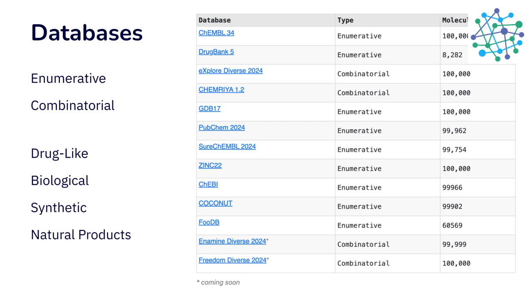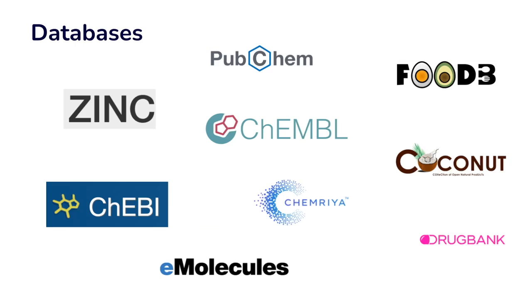For instance, some databases are focusing on medicinal chemistry and mainly drug-like molecules, while another have as well biologicals or even synthetic molecules. Other databases such as Coconut or FoodDB are containing natural products which are useful in food additives or fragrances. Here are logos of the databases.